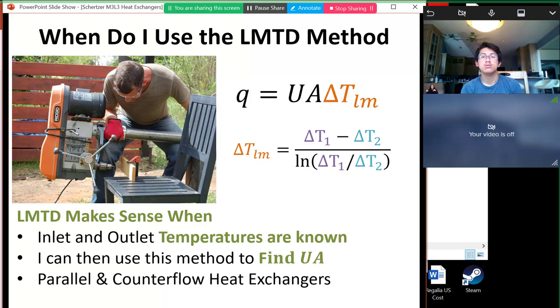But I would suggest that you only use the log mean temperature difference method when you're trying to solve parallel and counterflow heat exchangers. If you have a more exotic heat exchanger type, I'm going to suggest that we use a different type of analysis method, which I'll talk about next.